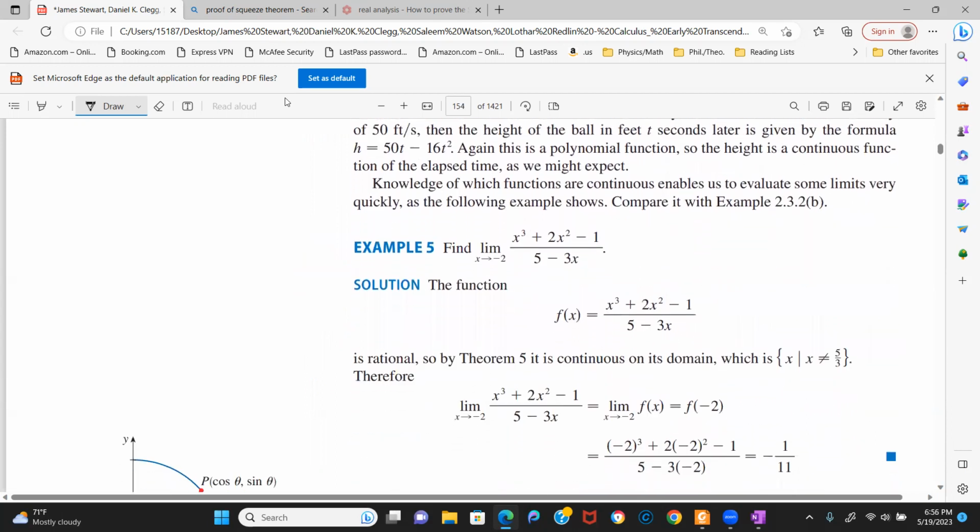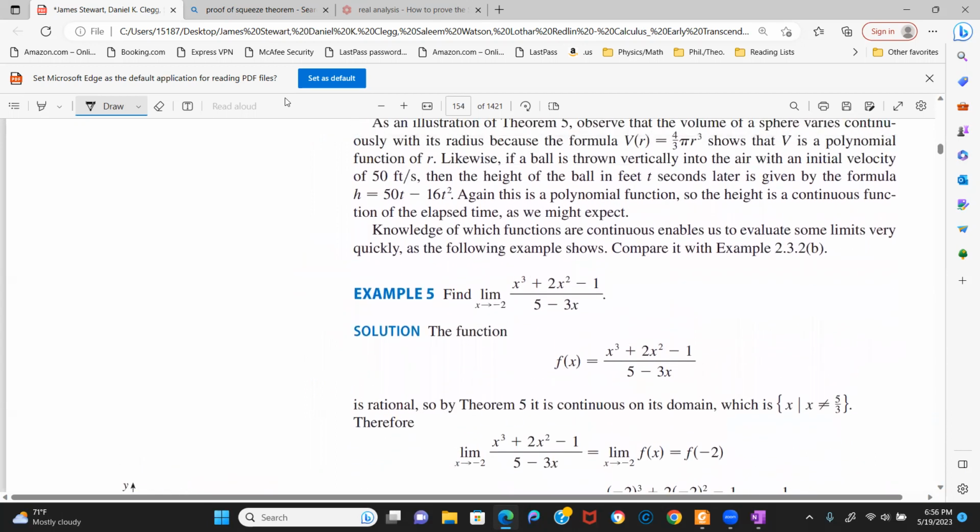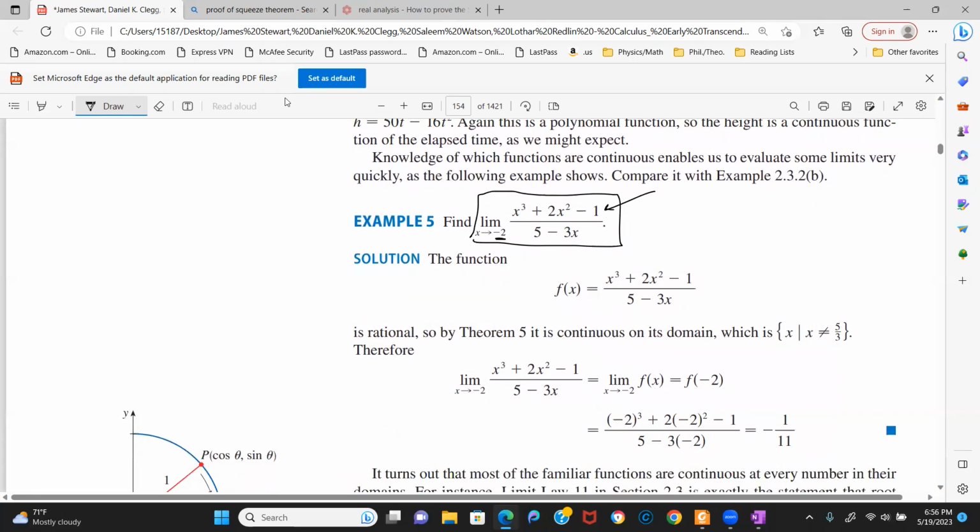So I'll just skip that. And now that's going to be very helpful because to calculate limits like this, we just need to check whether or not the function is defined at the limiting value and is it continuous. As in this example, we're taking the limit of this function f of x, given by this quotient. The domain is just going to be wherever the denominator is non-zero. So you set the denominator equal to 0, and you can see that x is 5/3.